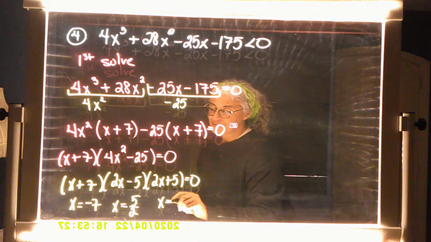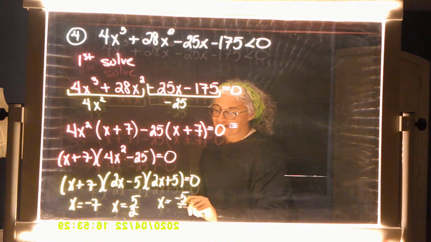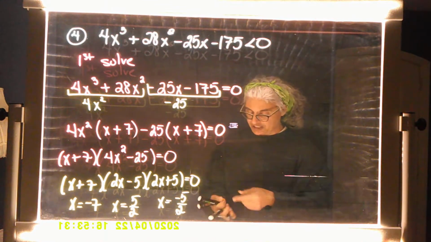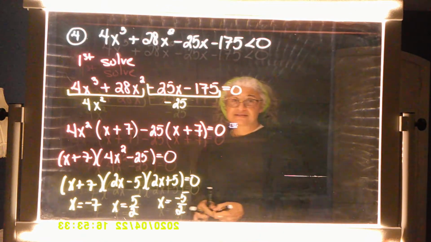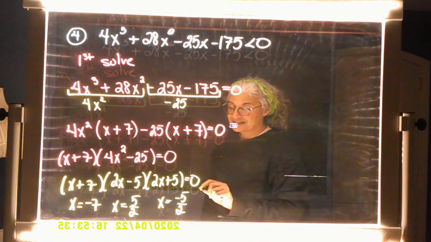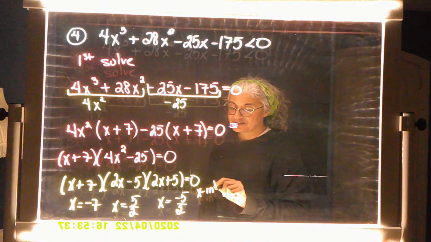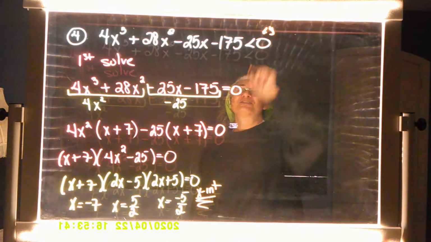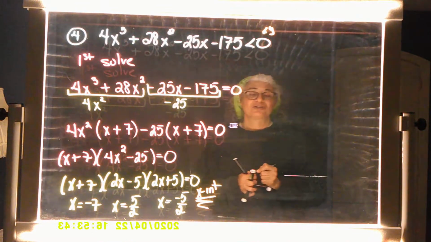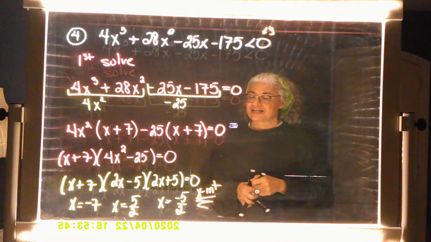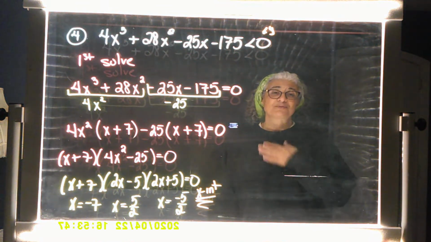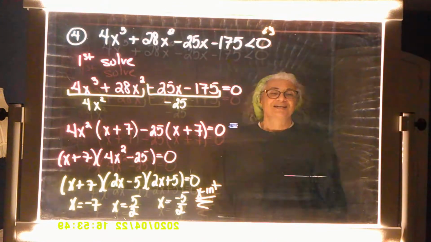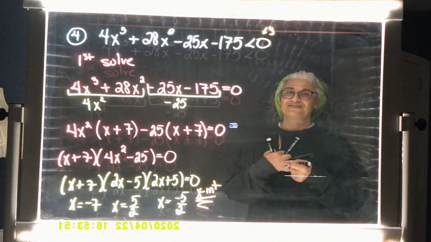And from this last parenthesis, you'll get a negative 5 halves. And what are each of these x's considered? Yes, each of these x's are x-intercepts, because this was your y value. Good? Okay, and since I found x-intercepts, what do I get to do next? That's right, we get to graph.